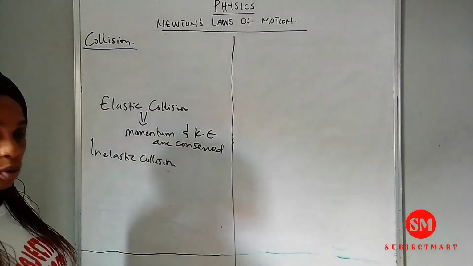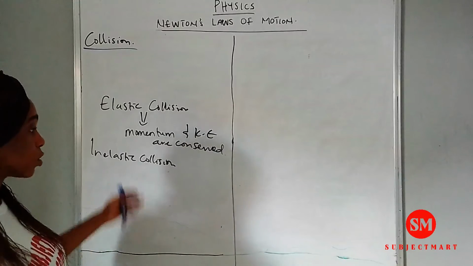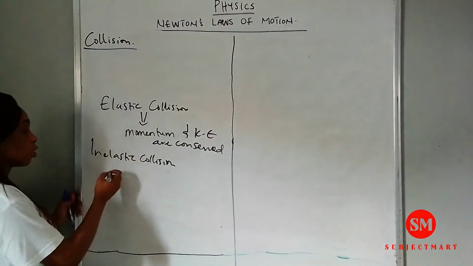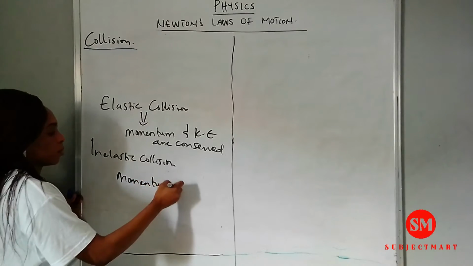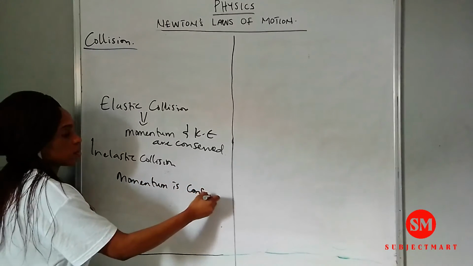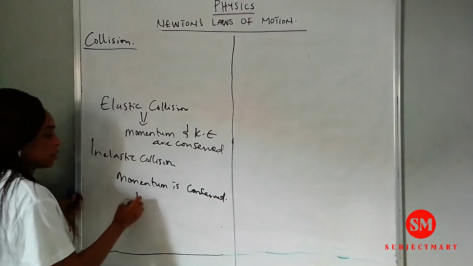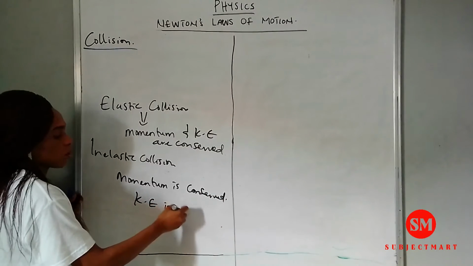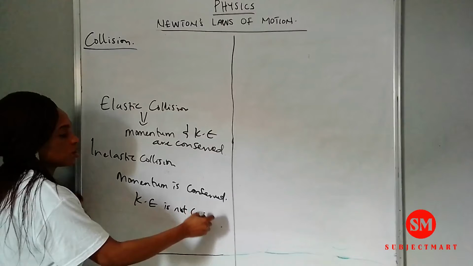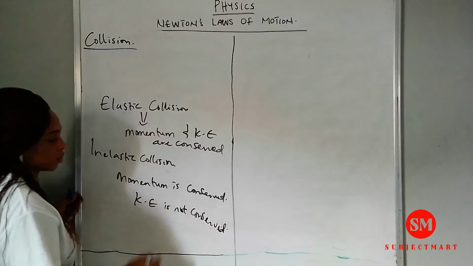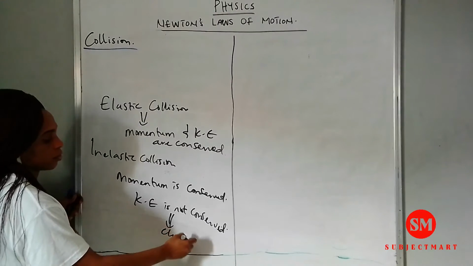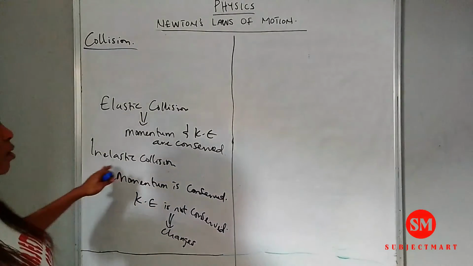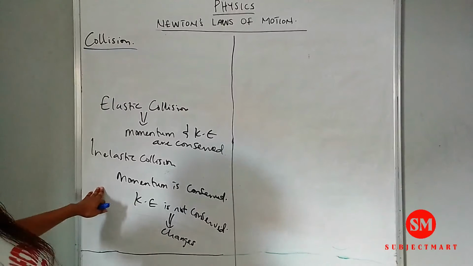While for an inelastic collision, you have two bodies colliding such that only the momentum is conserved, but the kinetic energy is not conserved. It changes. For inelastic collision, the kinetic energy changes.